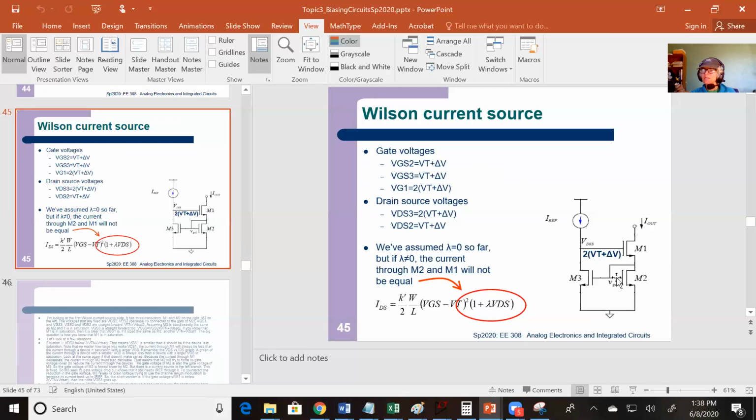So degeneration generally does better than the Wilson current source, and cascading does better than a Wilson current source, but I don't know why Wilson gets all the attention. It's a well-known name, and you might hear it if you have an interview or something that talks about current sources.